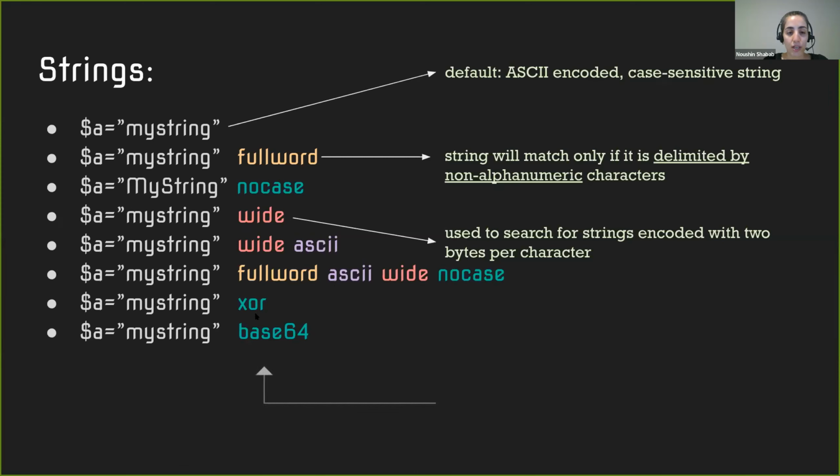Also, the last two, XOR and base64, are two more specific identifiers that are used to match the string even if it's encoded in the base64 format. For XOR, the string will be checked against every possible way of XORing the string with a 1-byte XOR key.